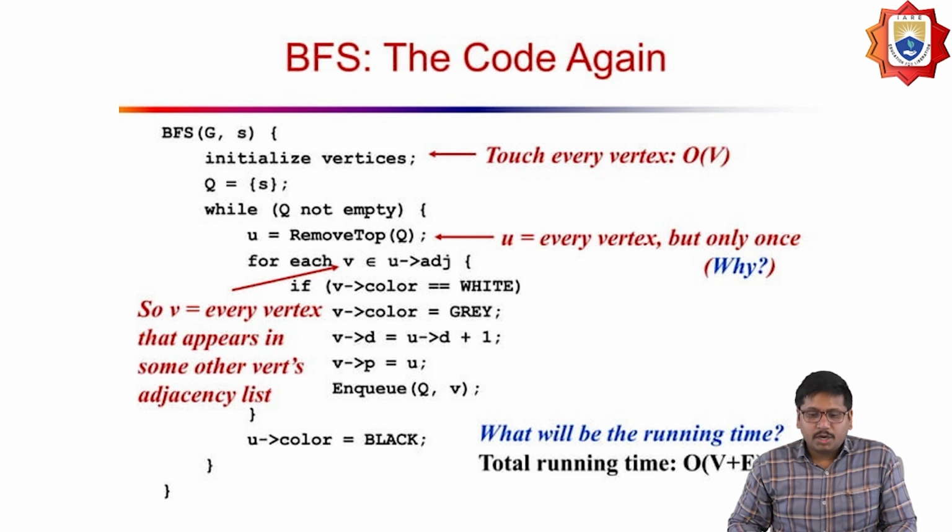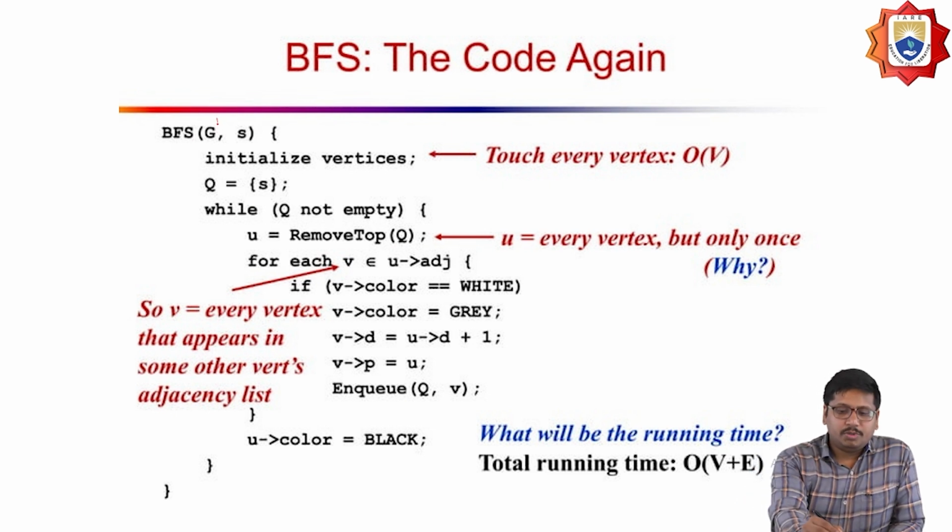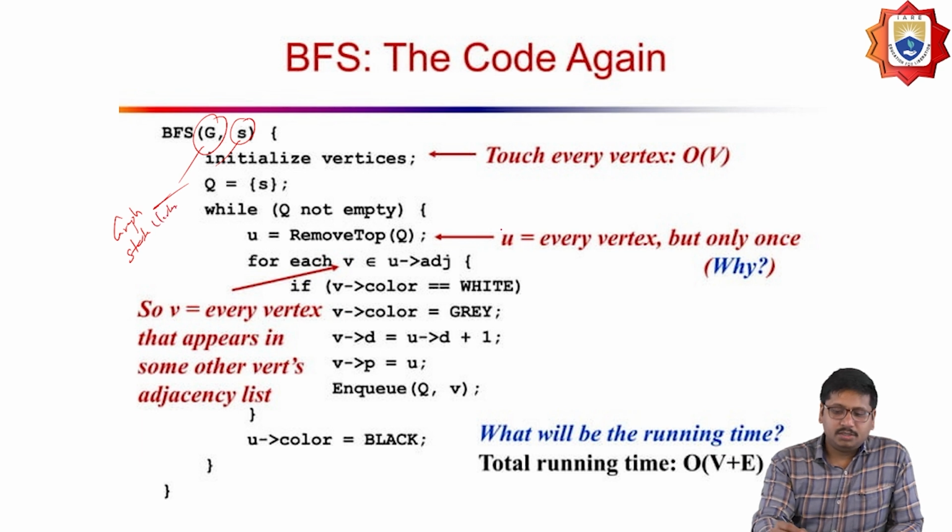Let's see the code again. Initially the input is the graph and then the starting vertex.